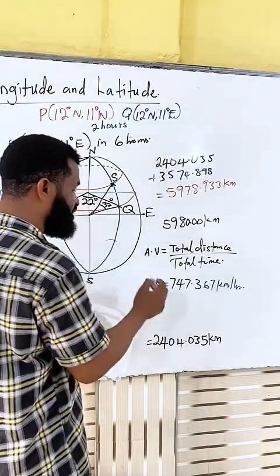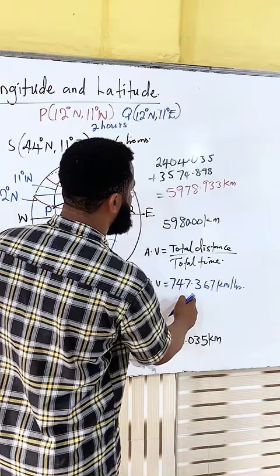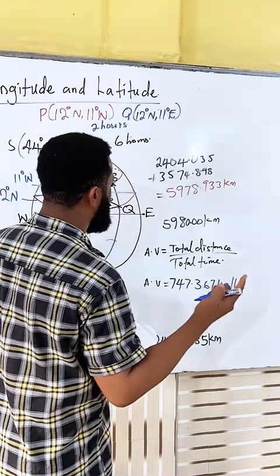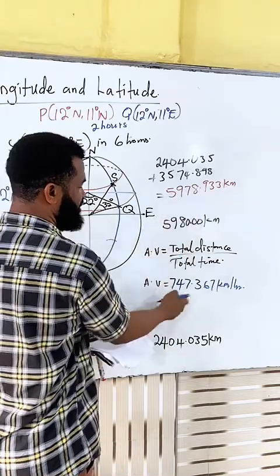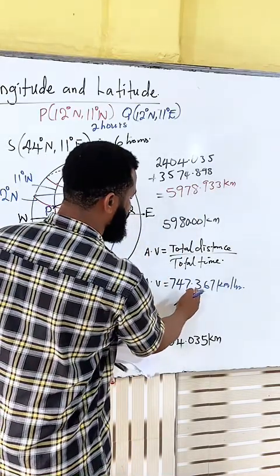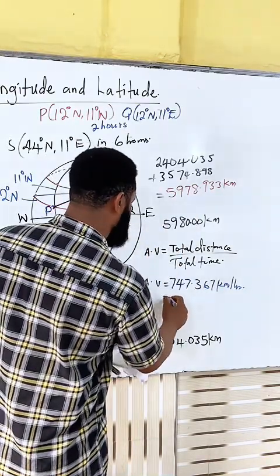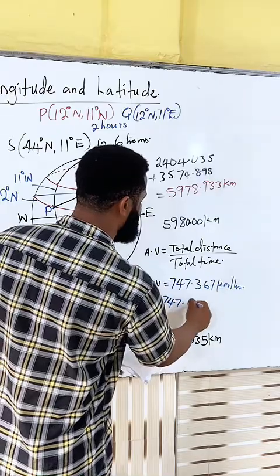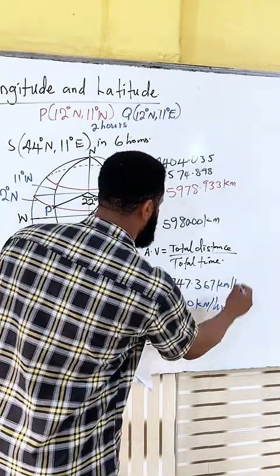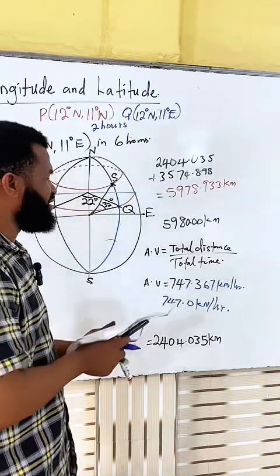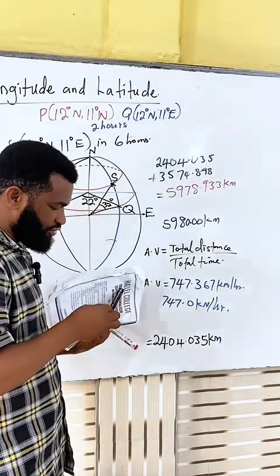But to three significant figures, I'm going to have 747.0 kilometers per hour. All right, so that is the second question.